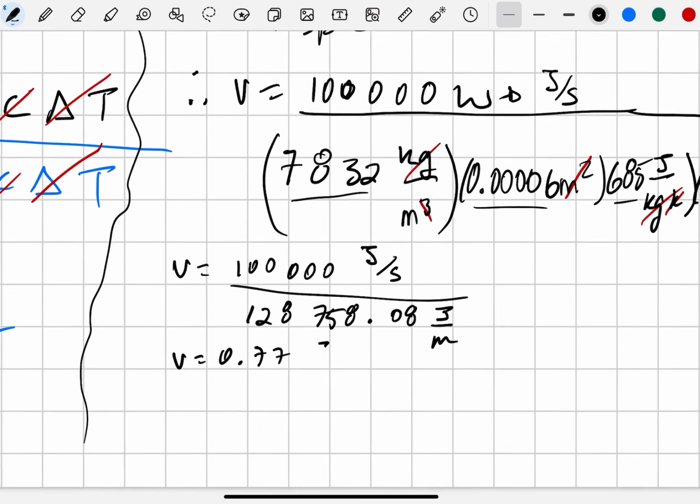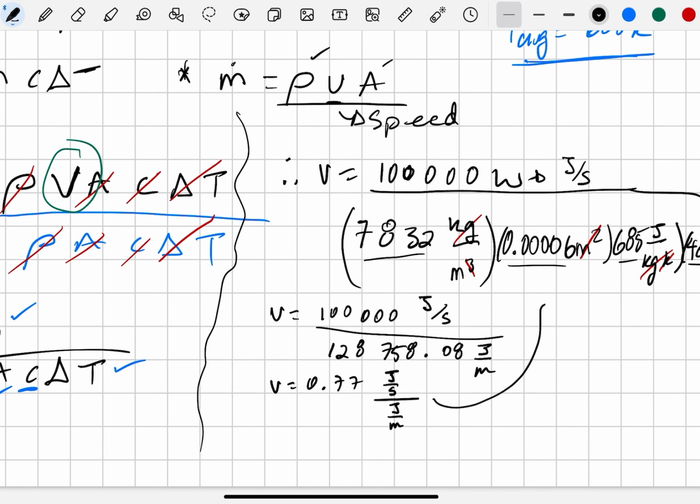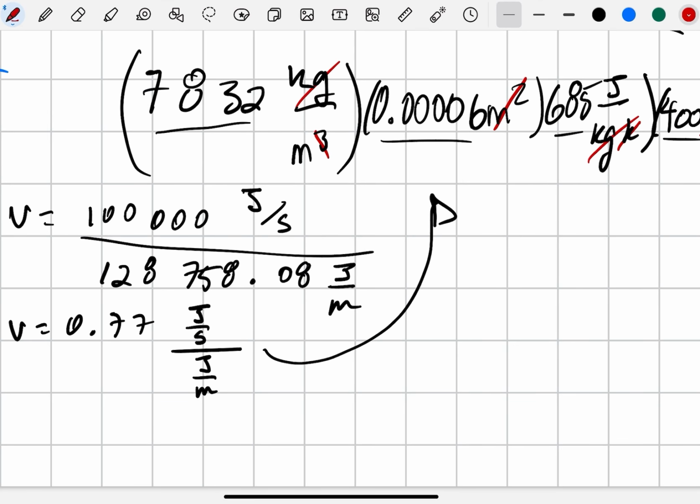Now here's the thing on how to deal with this type of units. I have joules per second divided by the joules per meter, and this is a great time for me to go over how to deal with fractions. So I have joules divided by second divided by joules per meter. This is division, so I have a whole bunch of divisions going on in here, right?